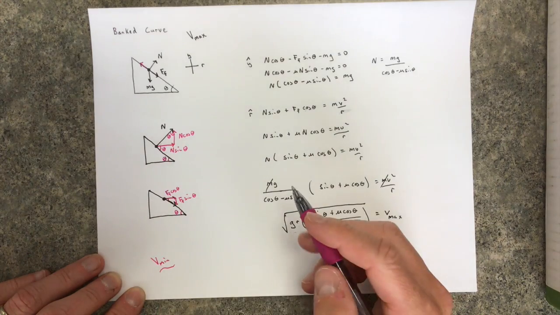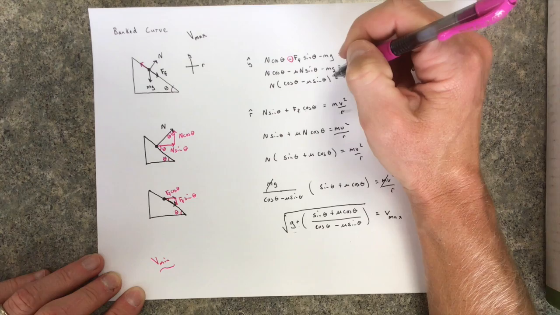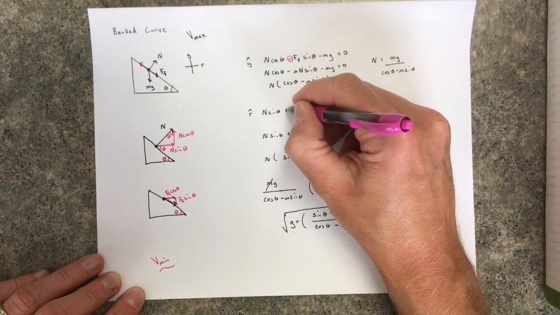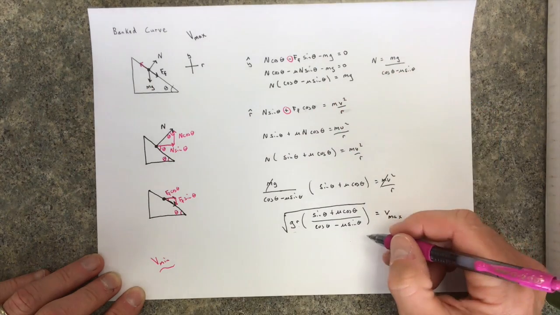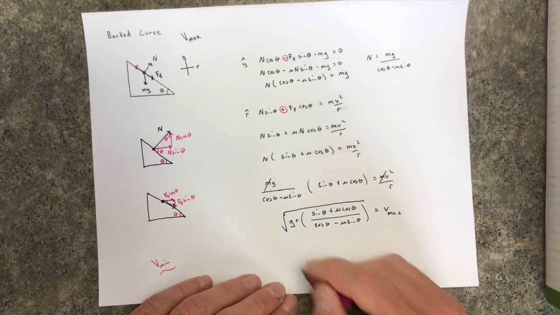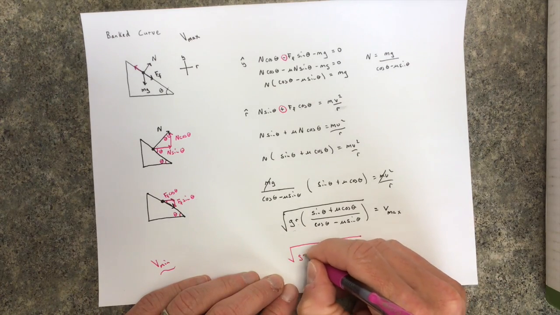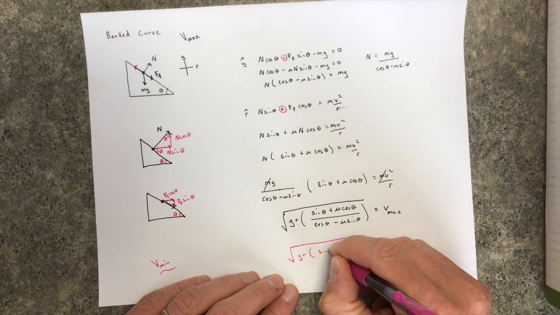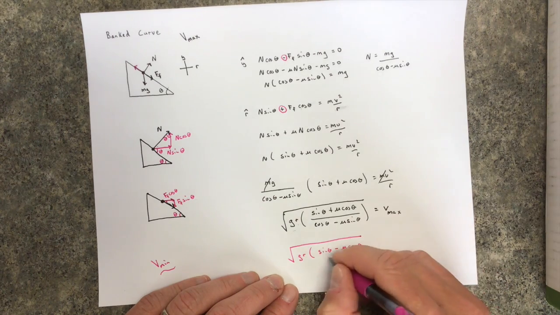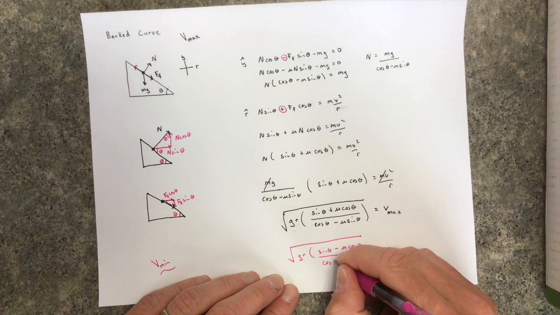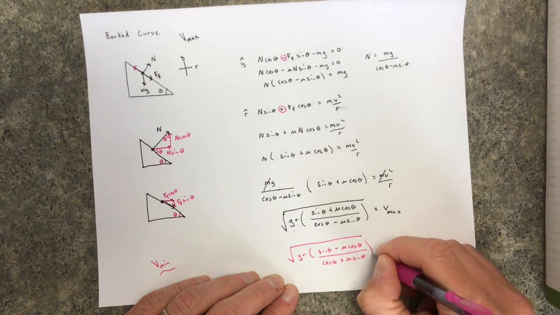So all you'd have to do is come over here and change that sign to positive, because it would be up, and this sign to a negative, because it would be in, and all that does is flip these signs. Okay, so then the minimum is the square root of gr times sine theta minus mu cosine theta over cosine theta plus mu sine theta.